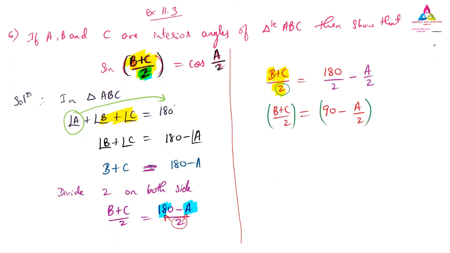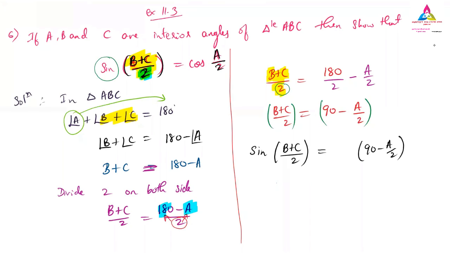Now I will see what they have given on the left hand side. They have given sine on the left hand side, so here also I will take the sine function on the left hand side. If I take the sine function on the left hand side, what do I have to take on the right hand side? Sine function or cos function?